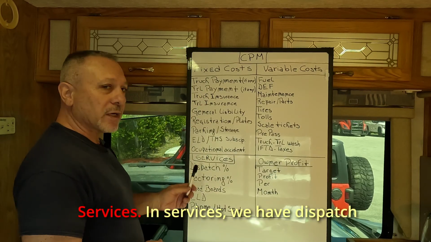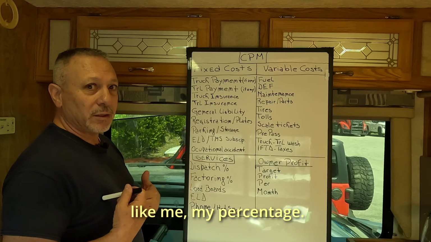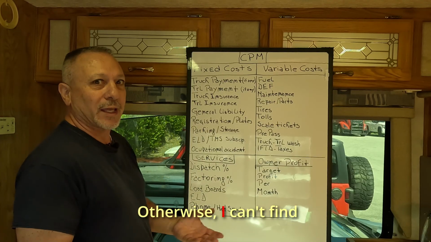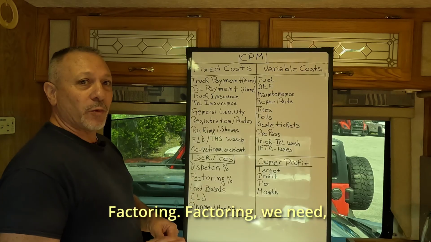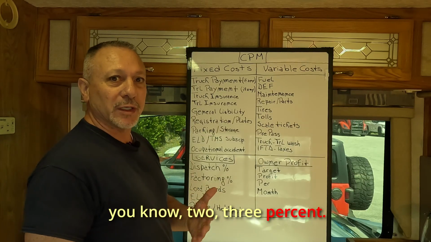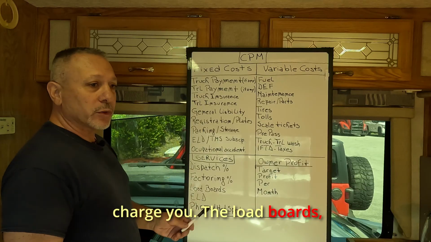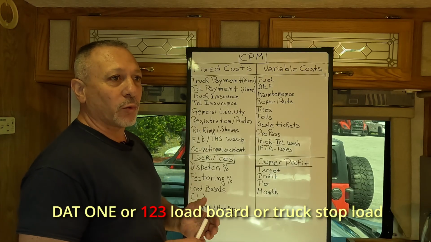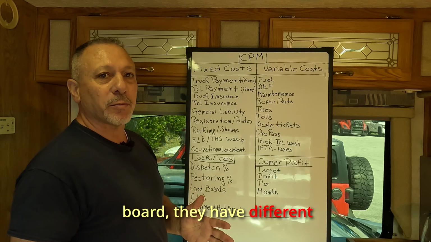What is next? Services. In services, we have the dispatch percentage, like mine. Otherwise, I can't find any loads for you if you don't pay me. Factoring, we need, you know, 2-3%, it depends on how much the factoring company is going to charge you. The load boards, DAT One or 123 Loadboard or Truckstop load board, they have different prices.